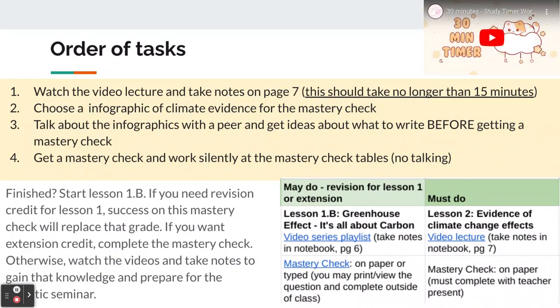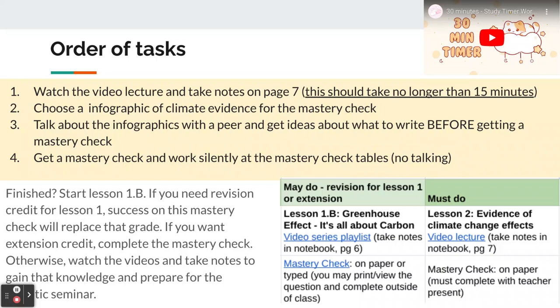Okay, here's your general order of tasks. This slide is going to be up throughout class. I know it says to watch the video lecture first, but I recommend that you start with choosing an infographic, because there are some that are easier than others to understand. So you might want to choose one and keep it for yourself that is simple, if you think you might struggle.